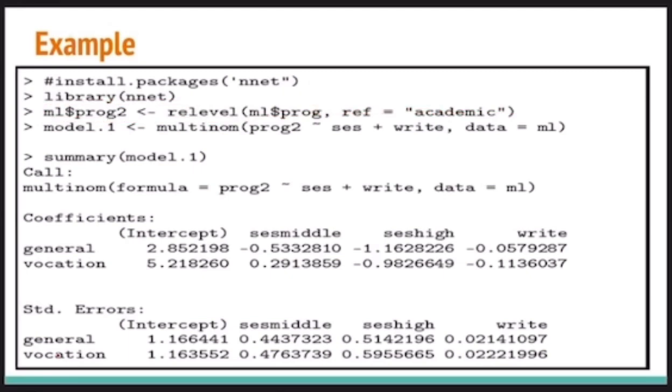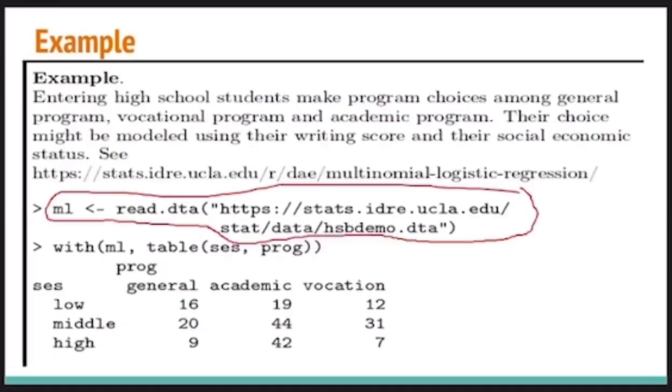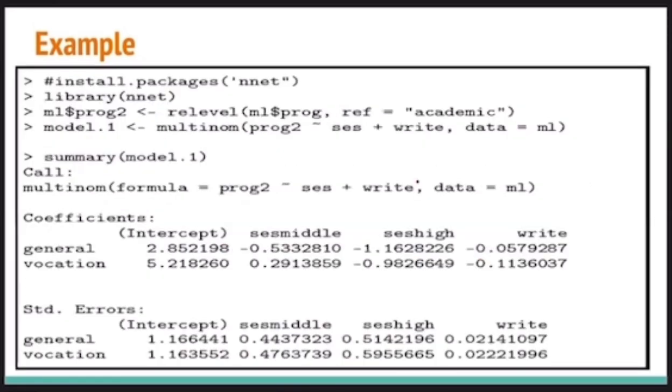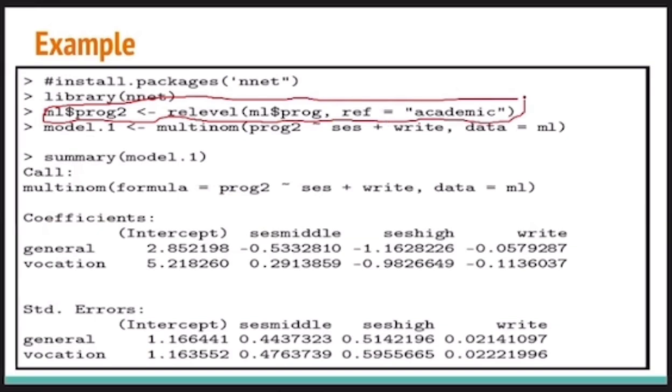Vocational, academic, and general. Now, I'm trying to tell R, make academic the reference. You can decide to make whatever the reference, but the one you make reference is the one you're going to be comparing with the others. Does that make sense?